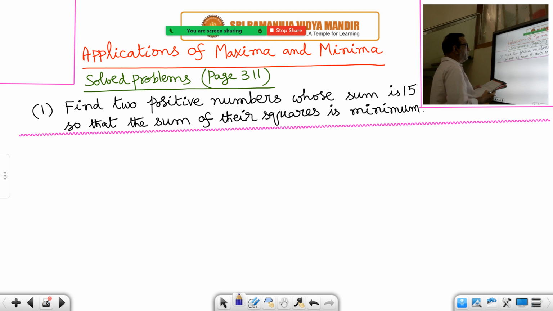So you have to open page number 311, solved problems. Let us try to do them. First problem. Find two positive numbers whose sum is 15 so that the sum of their squares is minimum.